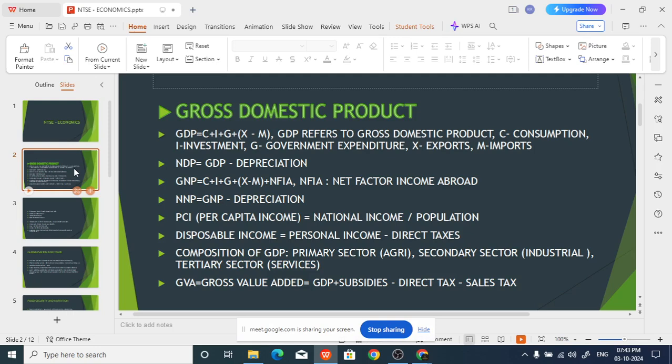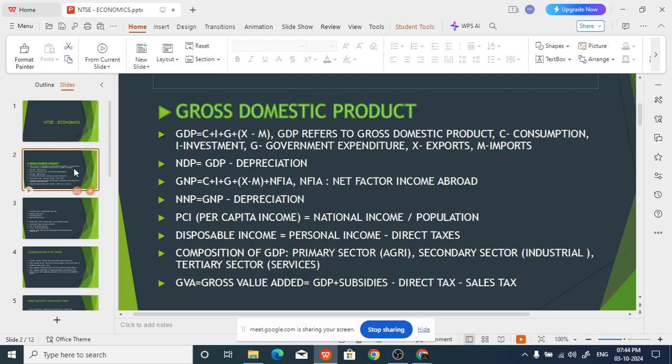NDP equals GDP minus depreciation. GNP equals C plus I plus G plus X minus M plus NFIA, net factor income abroad. NNP equals GNP minus depreciation.